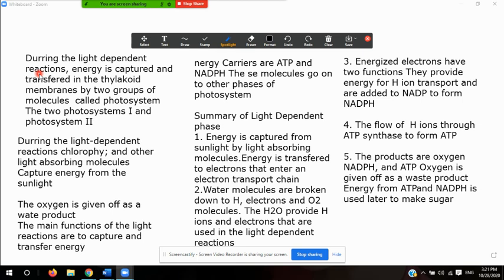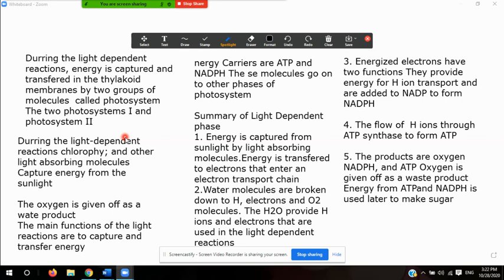These are some of the most important concepts I've gotten from your book. This is section 4.3 of your textbooks, and I mapped out some of the most important concepts. It says during the light dependent reaction, energy is captured and transferred in the thylakoid membranes by two groups of molecules called photosystem 1 and photosystem 2.